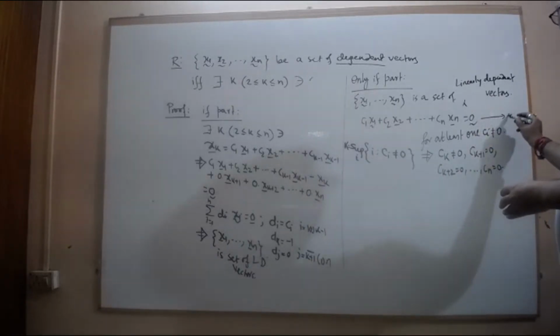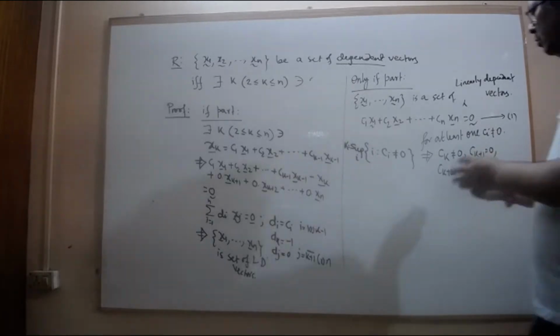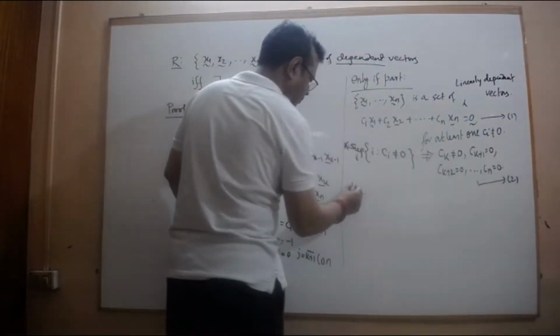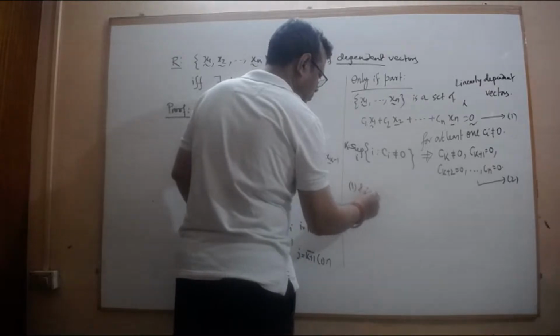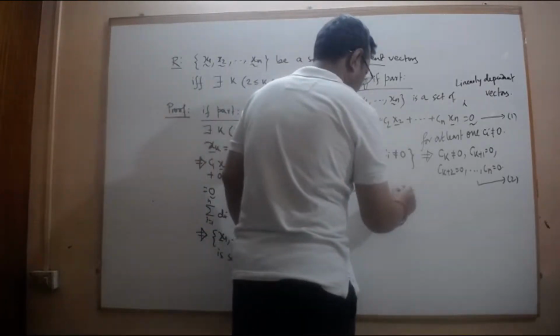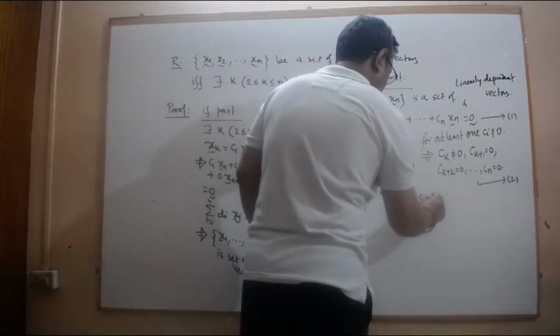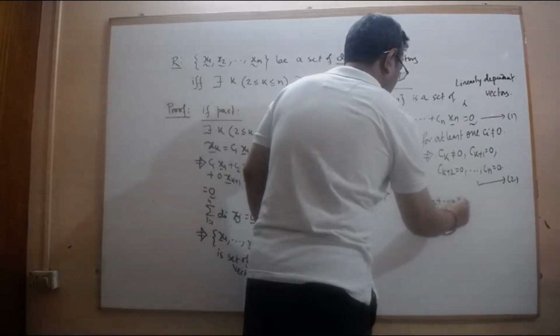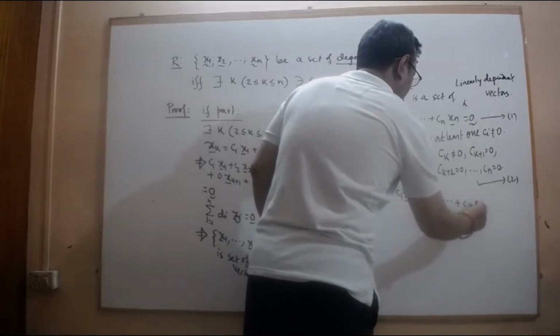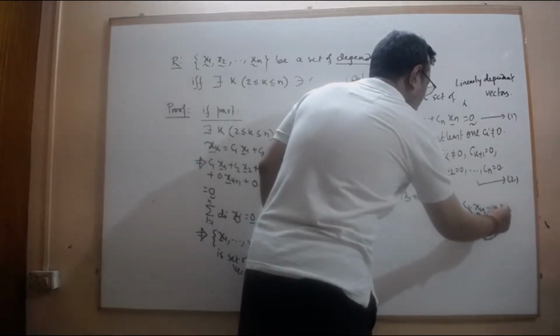Denote this by 2. Using 1 and 2, C1 x1 curl plus C2 x2 curl plus up to Ck xk curl equal to 0.